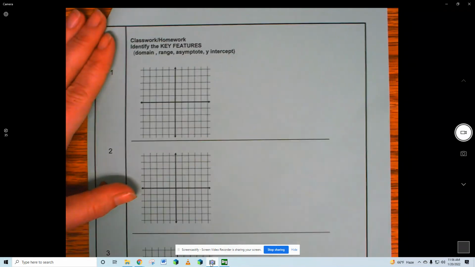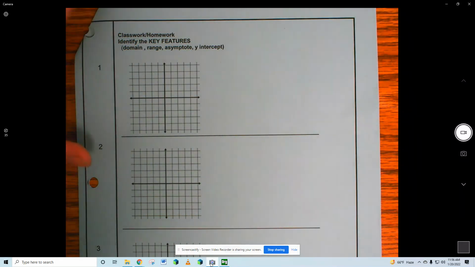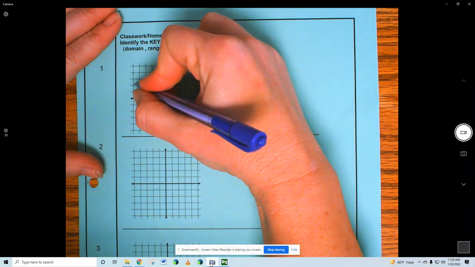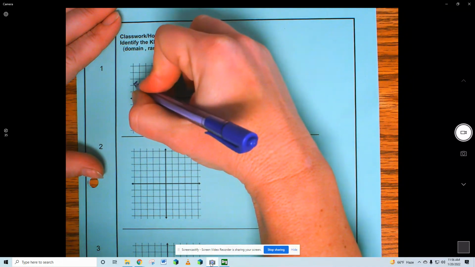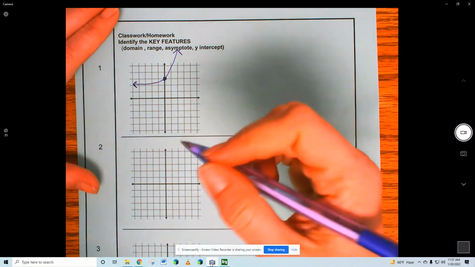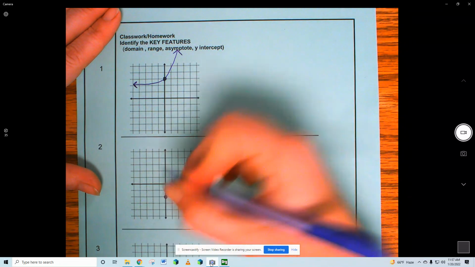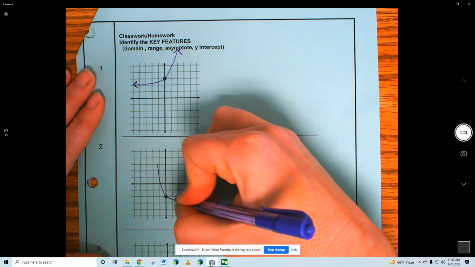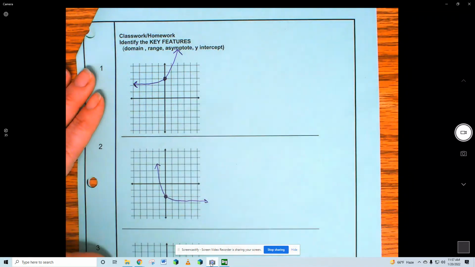I'll make them totally different so you guys can get used to different asymptotes. Can you copy these down, please?